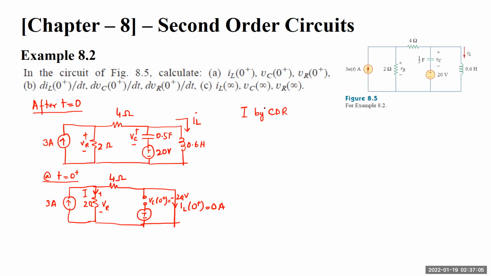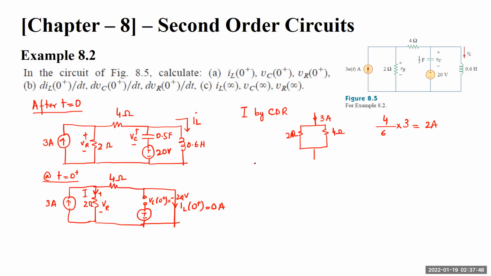So we have 3 amperes coming here, and this 3 ampere will divide into the 2 ohms branch and the 4 ohms branch. We have 4 divided by 6 multiplied by 3, so 2 amperes flow here and 1 ampere flows there.